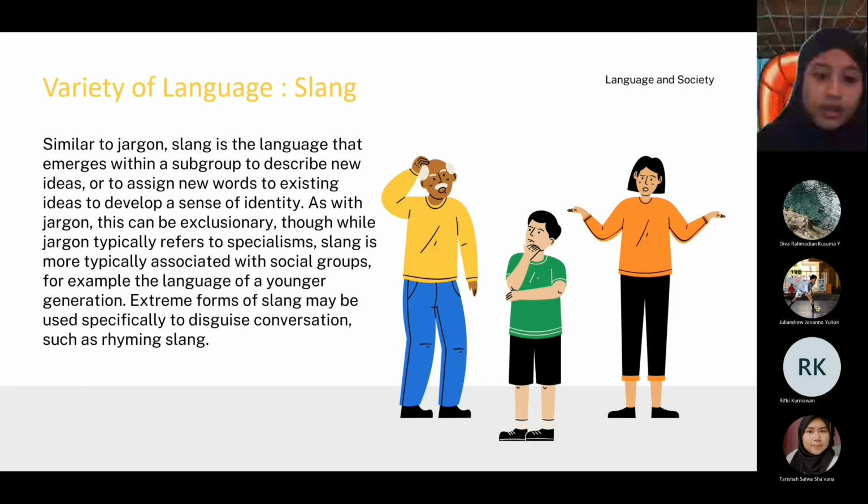So, while jargon typically refers to specialism, slang is more typically associated with social group. For example, the language of a younger generation. Extreme forms of slang may be used specifically to discuss conversation, such as rhyming slang.